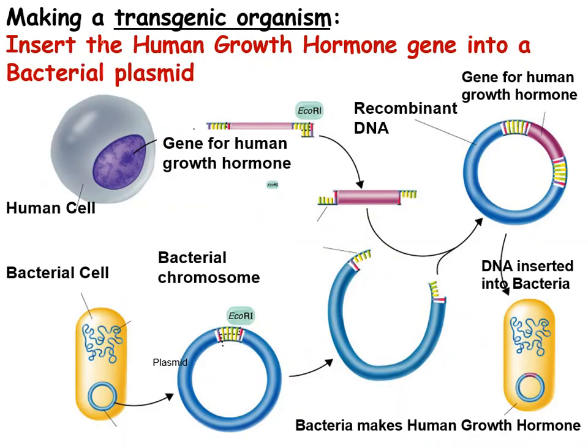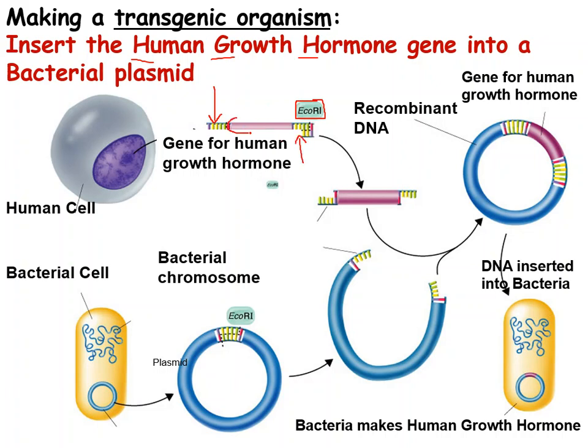So here's an example of how we can make human growth hormone, HGH, using bacterial plasmids. Let's just look at the top first. Here's a human cell. Here's the nucleus. Once we've sequenced it, which we have, and identified the gene for human growth hormone, we use a restriction enzyme, EcoR1, we saw it last video, to cut the DNA on either side of the gene.